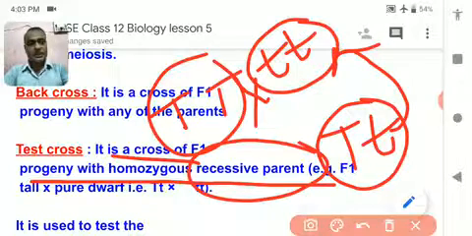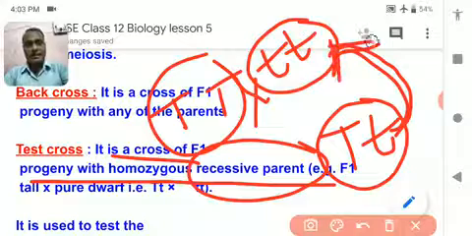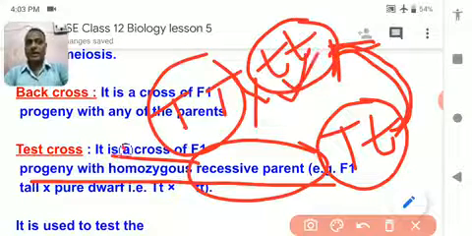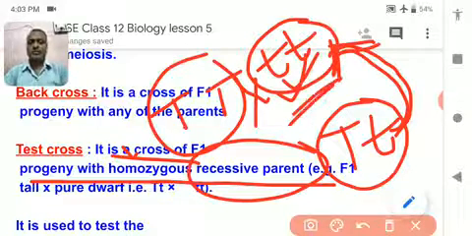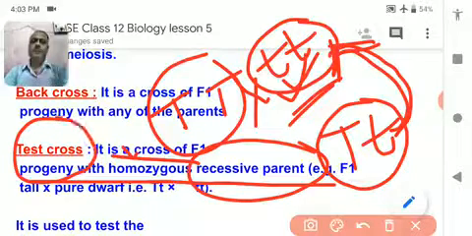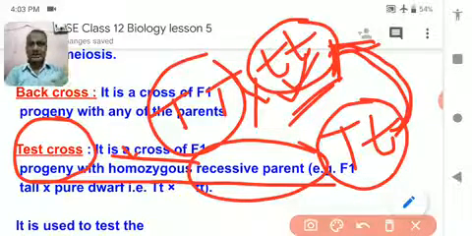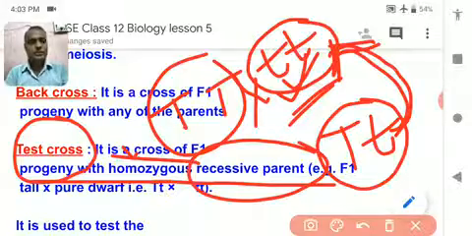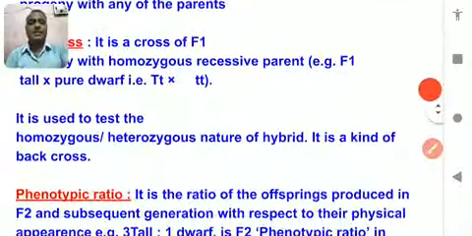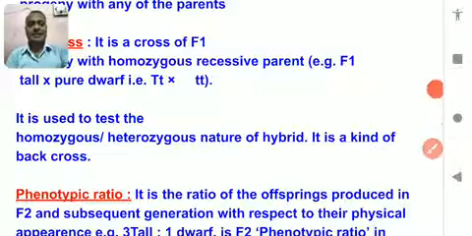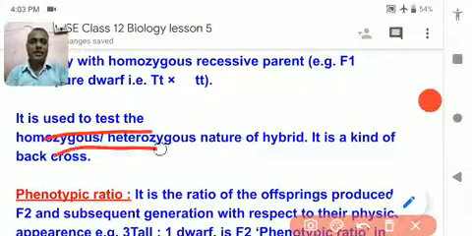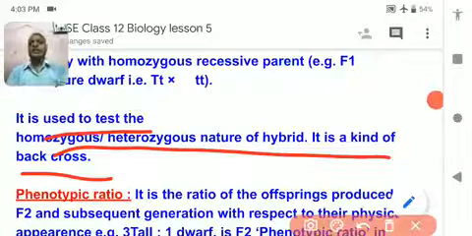If this capital T small t is crossed again with the recessive only, not with the dominant, then it is called a test cross. Understood? I will explain the test cross and back cross in detail. Just know these terms. The test cross is used to find the genotype; it helps to determine the genotype of an organism.